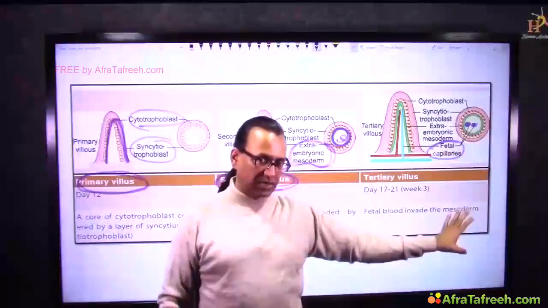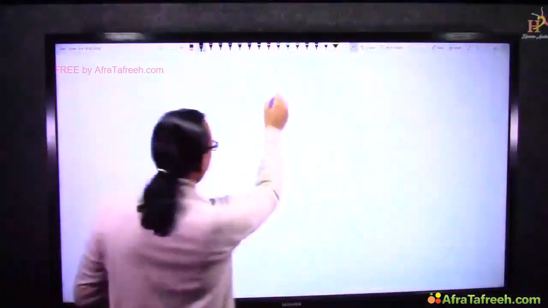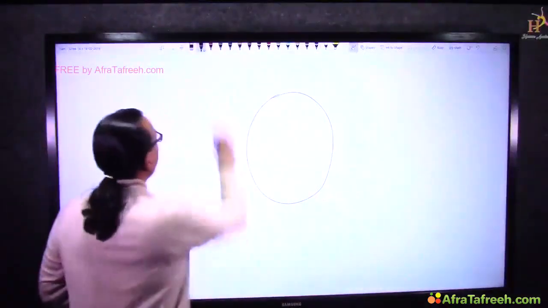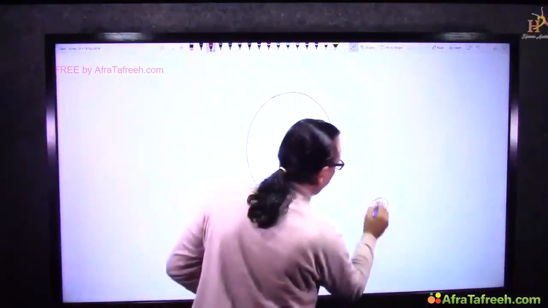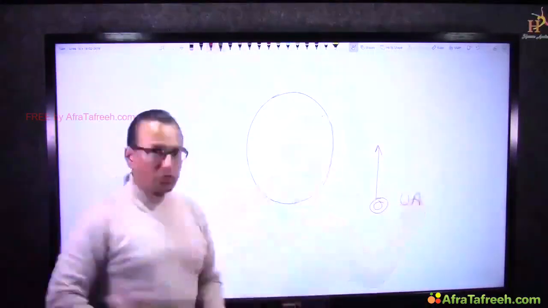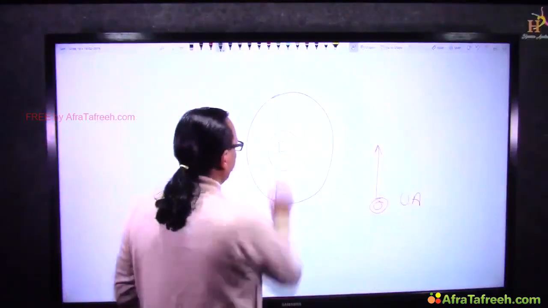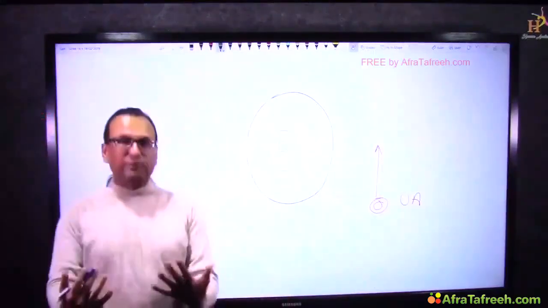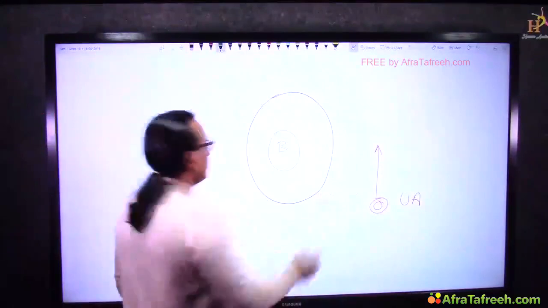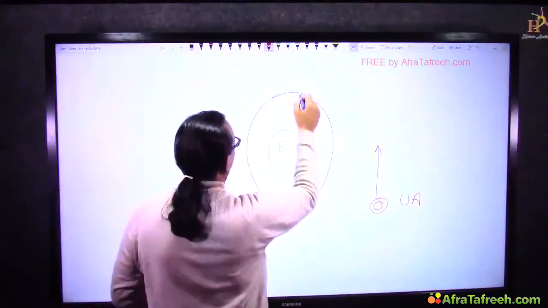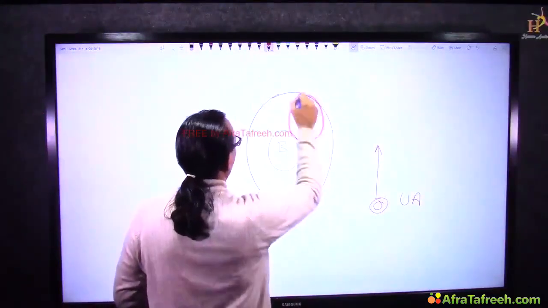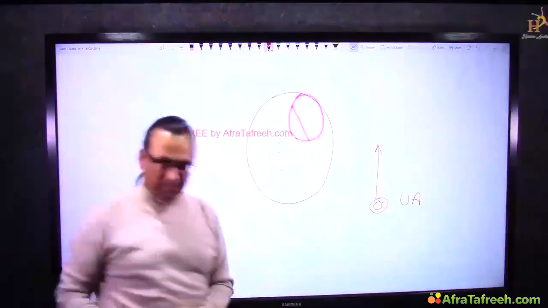Let's talk about that as well. See, this is the uterus, and it is supplied by the uterine artery. So now the uterus is having a baby, which is having an attachment to the uterus, where there is the uterine placenta and also the fetal placenta.